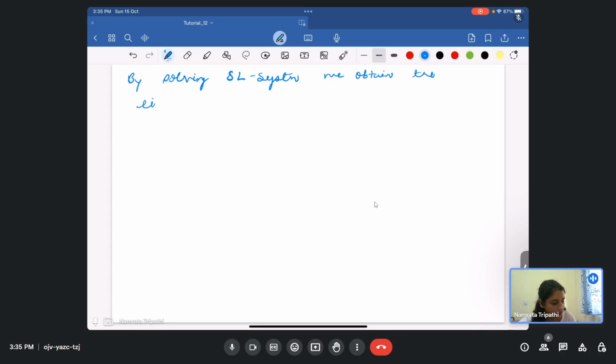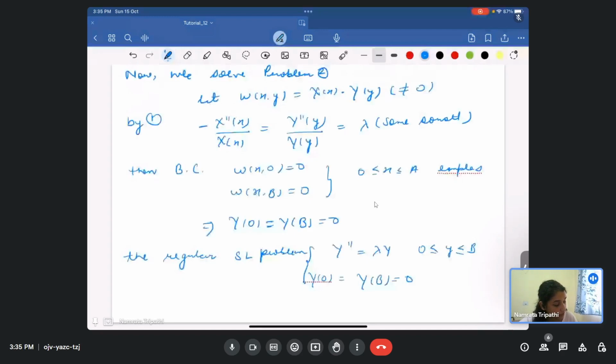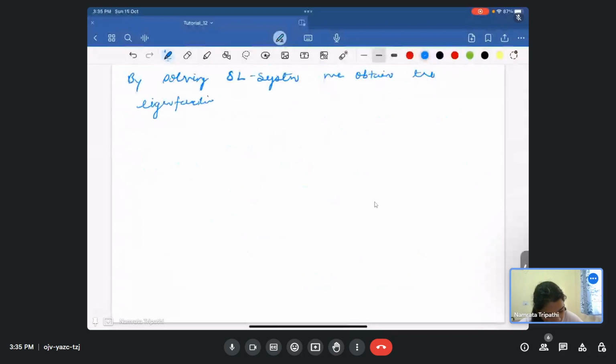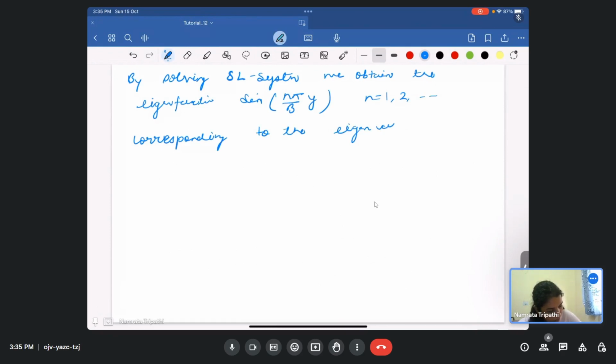So taking lambda 0, lambda less than 0, lambda greater than 0, and after applying boundary condition you will get the eigenfunction corresponding to the eigenvalue minus n pi by b whole square.